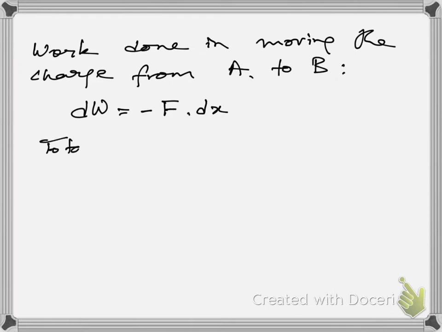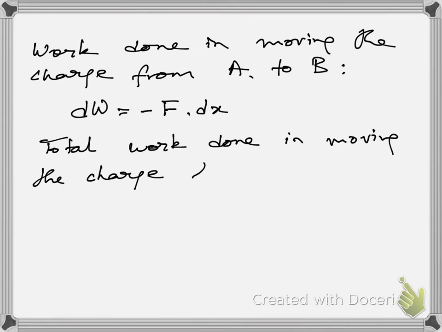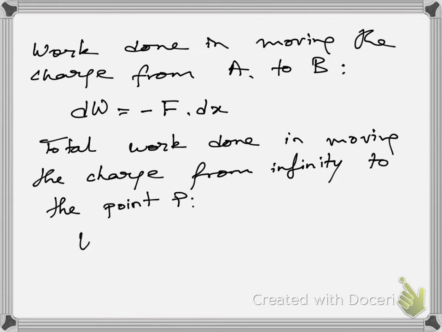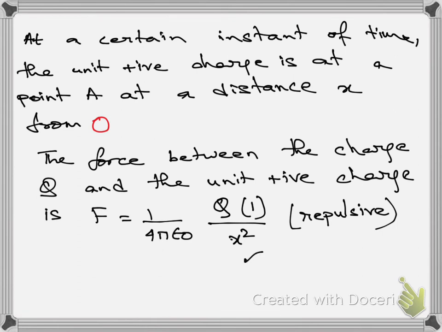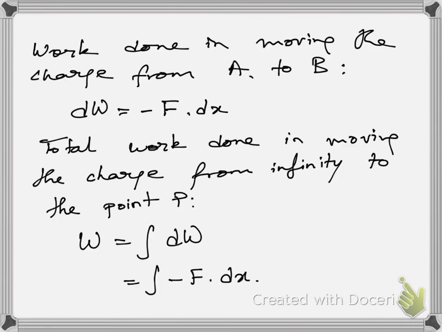So total work done in moving the charge from infinity to the point P will be W, which is the integral of dW, and dW is minus F dx. Now F is a function of x as given by this relation, so we'll just have to substitute F as 1 by 4 pi epsilon naught Q by x square.